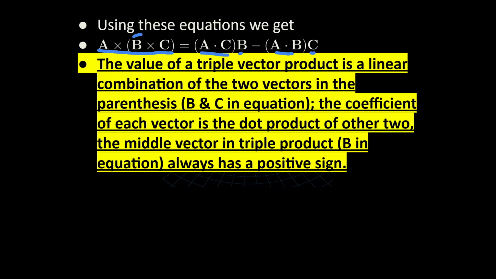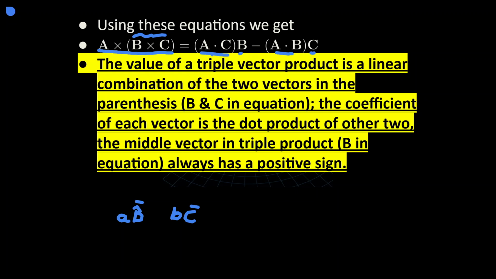So it is a linear combination of these two vectors B and C. It means that it can be written as some scalar times the vector B and some scalar times the vector C. This is what it means. So it is a linear combination of the two vectors in the parenthesis, that is B and C, with the coefficient of each vector.